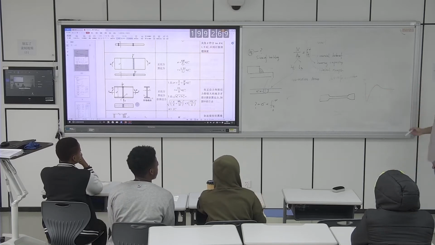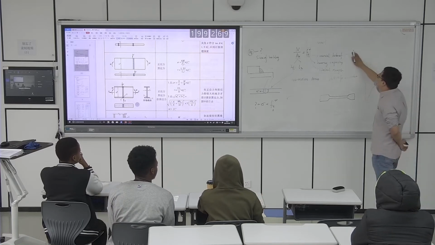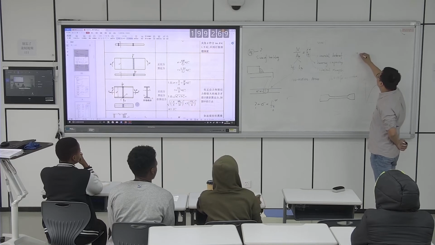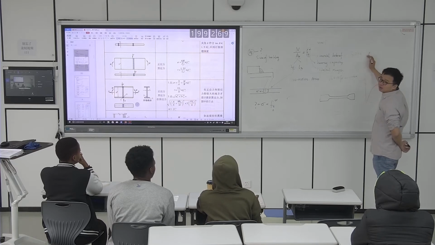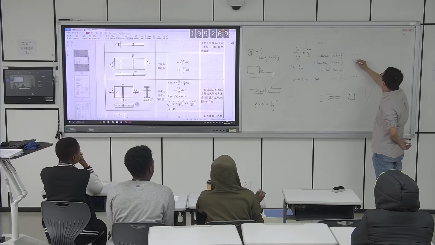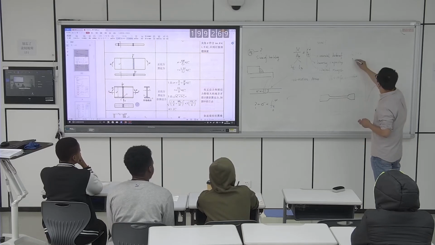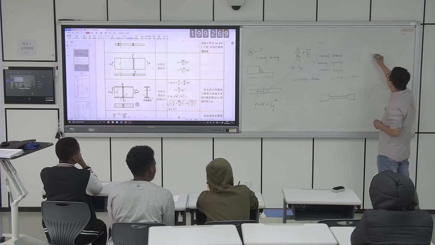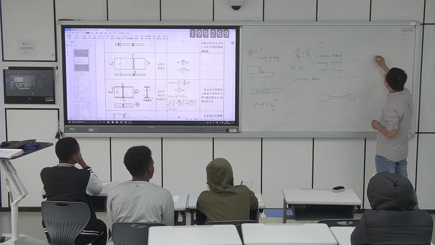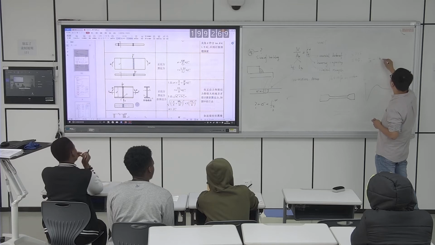It means we use, for example, the steel Q235, right? The welding uses the Chinese standard E43. We can get the f_tw equal to 160 megapascal.